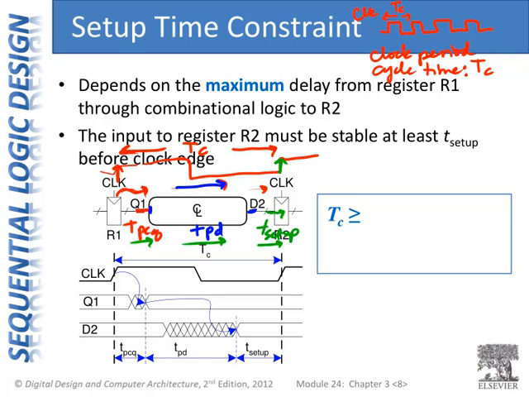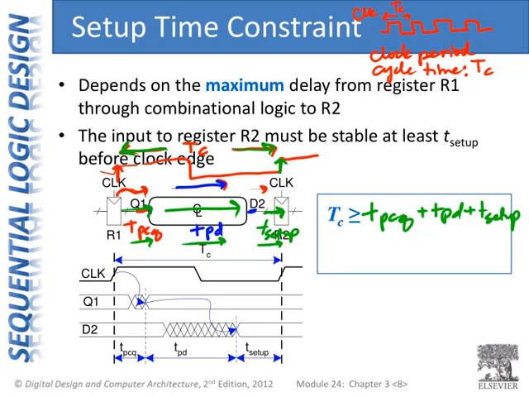For the cycle time, TC has to be greater than or equal to propagation clock to Q, to get out of the register R1, plus TPD, to get through the combinational logic, plus T setup, to get into the internal node.